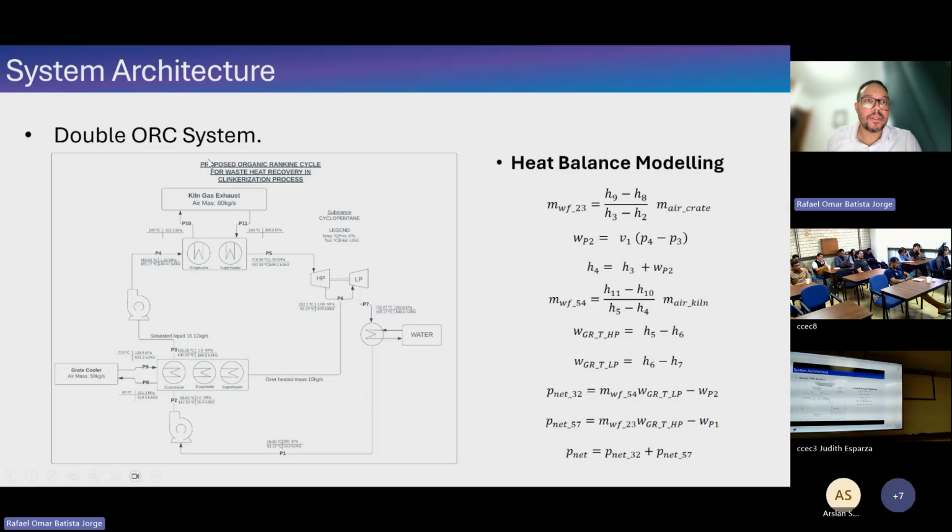Furthermore, this is the double ORC system. In here we have the gray cooler. For the mass flow information of each item, the data sheet of the actual fans running this process was taken as a reference, right? And this is the heat balance modeling for each part.